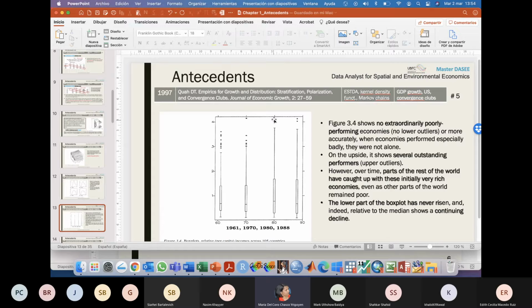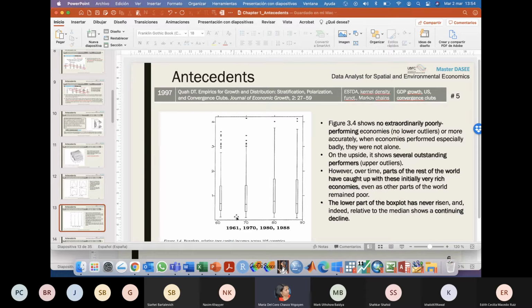So the rest of the countries have progressively caught up with these outstanding ones in the beginning of the 80s, because the number of upper outliers is lower in the end than in the beginning. Additionally, the lower part of the box plot has never risen.